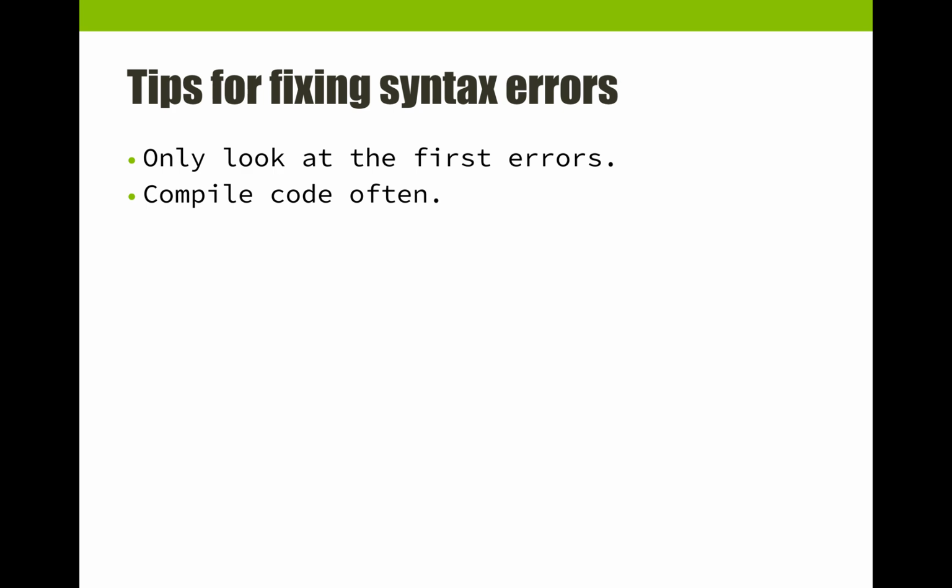This is true for syntax errors. It's especially true for other kinds of errors where the code is all correct, meaning that we use the right wording, but the commands that we're giving are going to cause a problem, and those will create logic or runtime errors, which I'll cover later.